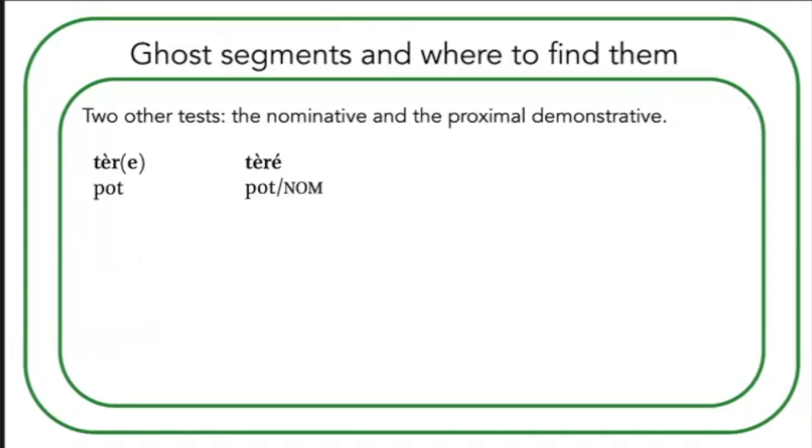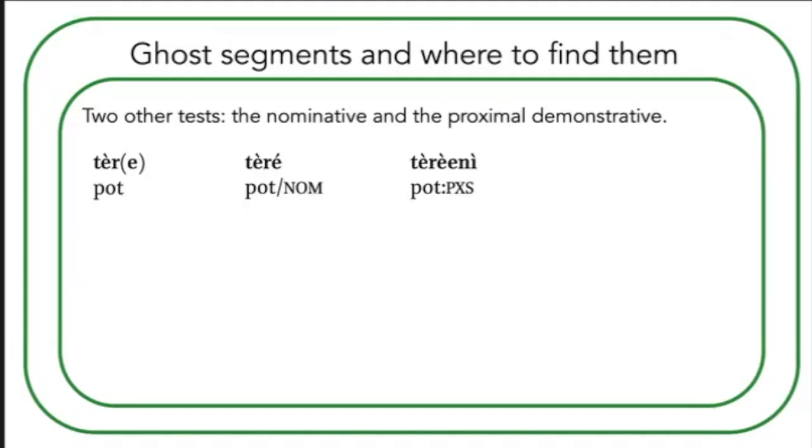For singulars, it applies a low tone on the entire word, and then a high tone on any open syllable with a short vowel. So here we have an already low noun, ter, which becomes in the nominative tere, with a high tone on the ghost segment. Another way is using a demonstrative.